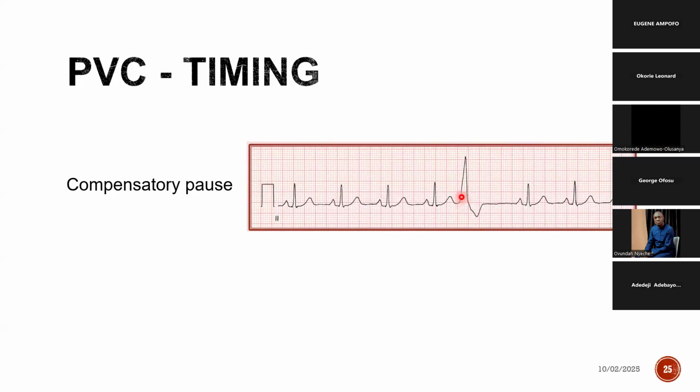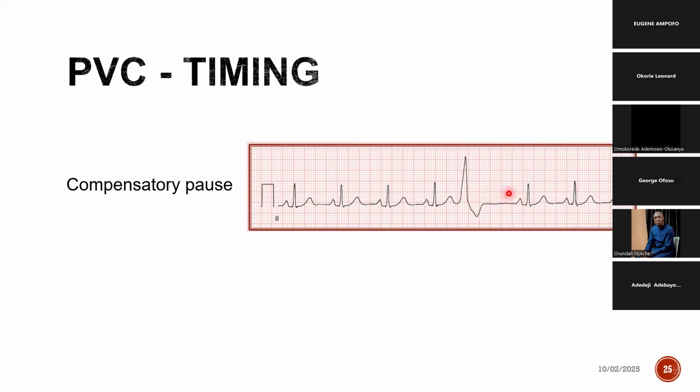And when it collides with the oncoming impulse from the SA node, it prevents it from showing here. And the impulse doesn't get to the SA node to cause an interference with the next normal beat, which shows here. So this gap is what is called the compensatory pause.